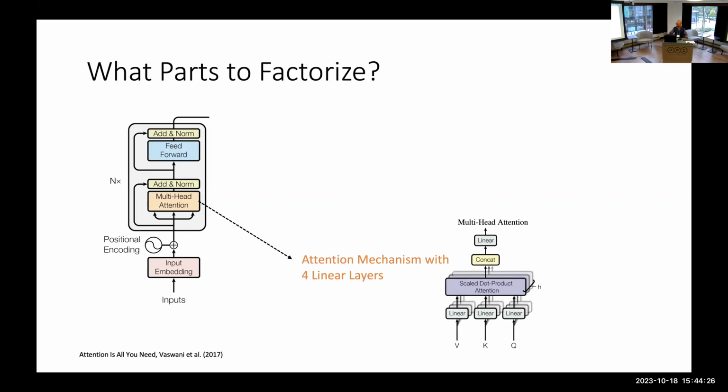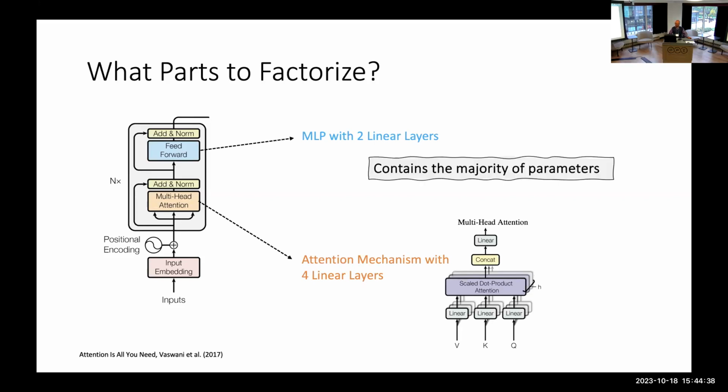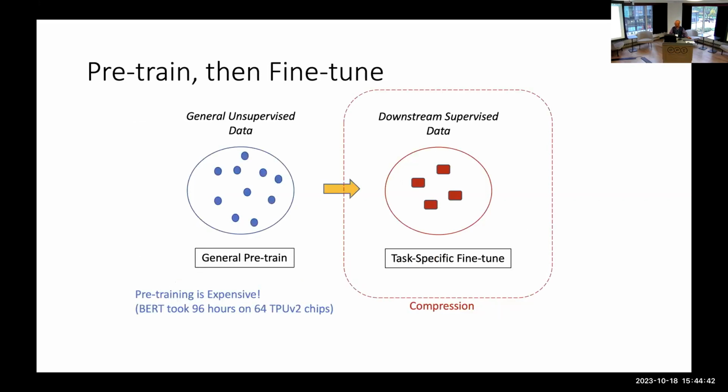So we are focused more on the multi-head attention part, which essentially has 4 linear layers in it, and then the feed forward stage inside the transformer, which has 2 linear layers. This is where the majority of the parameters is. This is summarizing what the previous speaker has also mentioned in terms of how these large language models are used.